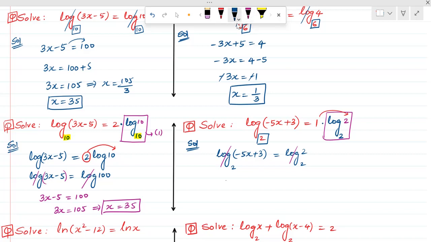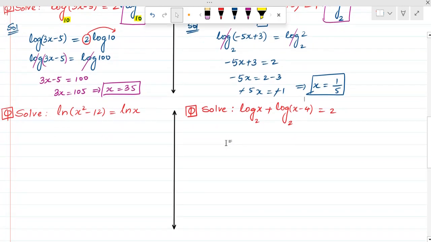Now what terms will you have? Minus 5x plus 3 is equal to 2, minus 5x is equal to minus 3, minus 5x is equal to minus 1. If you cancel minus with the minus, the answer will be x is equal to 1 over 5.